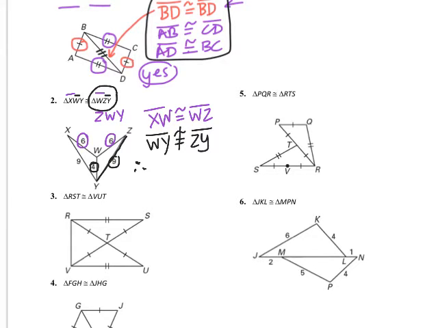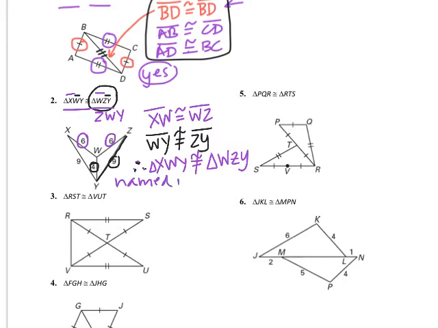So therefore, XWY, I should probably draw a triangle here, is not congruent to triangle WZY. Okay, so the two triangles that they have named, the way they have them named, do not represent congruent triangles. So there's a naming problem here.